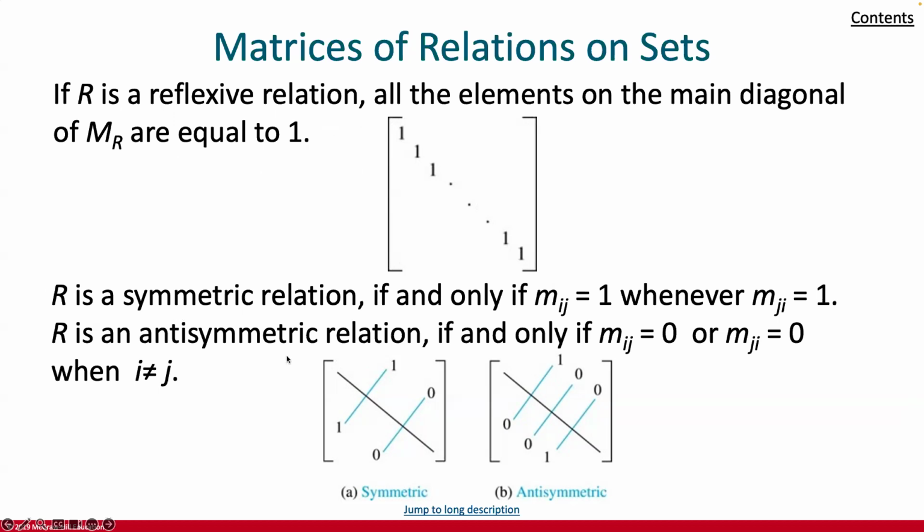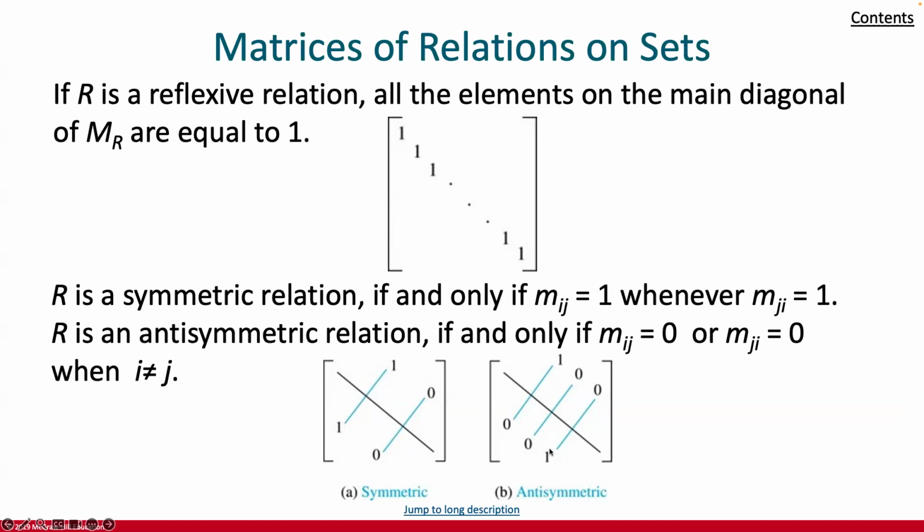If R is symmetric, if and only if m_ij is equal to 1 whenever m_ji is equal to 1. And so basically, you're going to see that what is up here has to be balanced with the same number here. So if you have a 1 down here, you have a 1 up there, and vice versa.